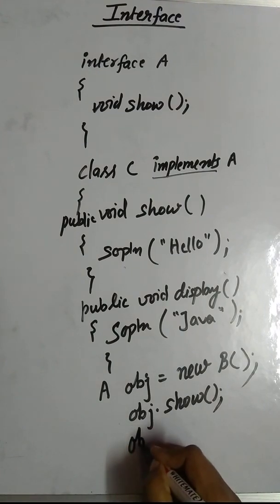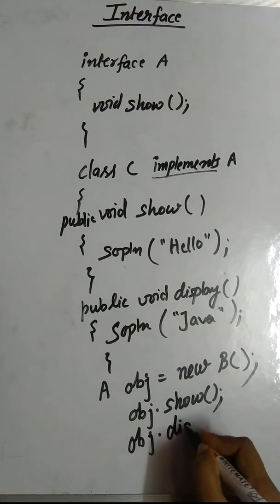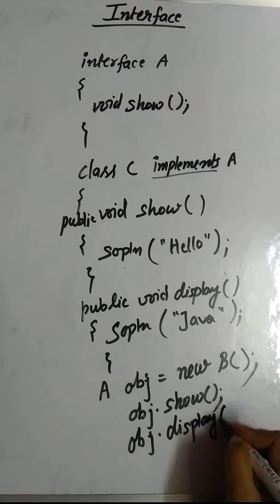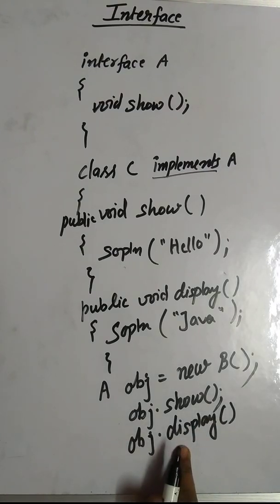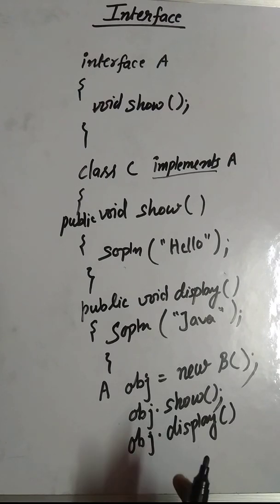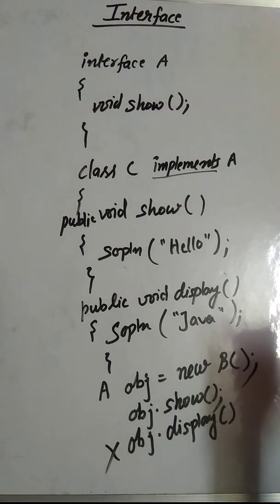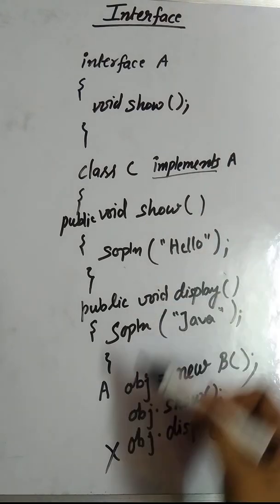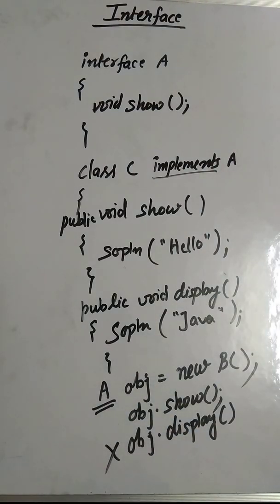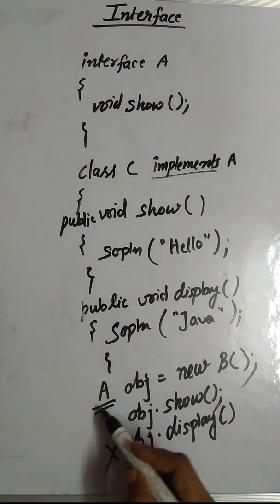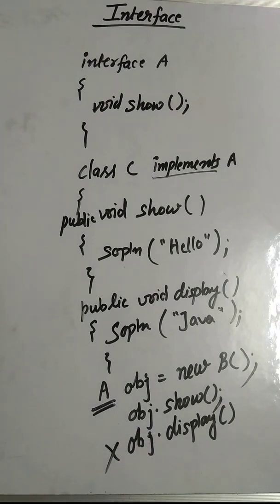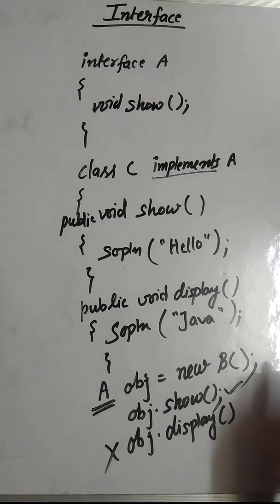But if we call obj dot display, it is not possible, because this method is not connected with the interface. So we restricted the display method from being printed. Only the show method is printed.